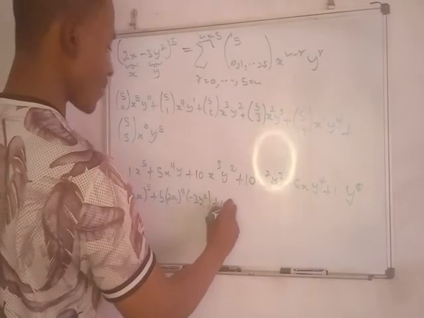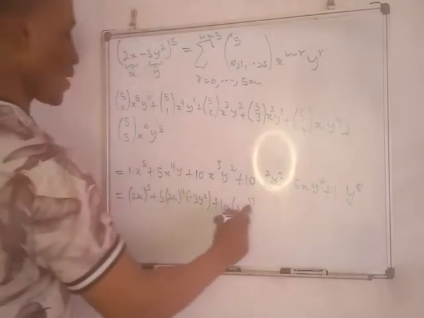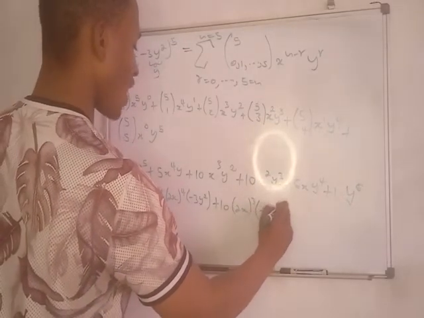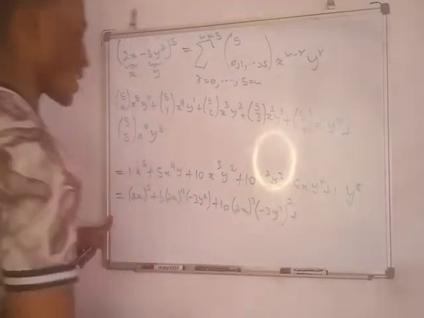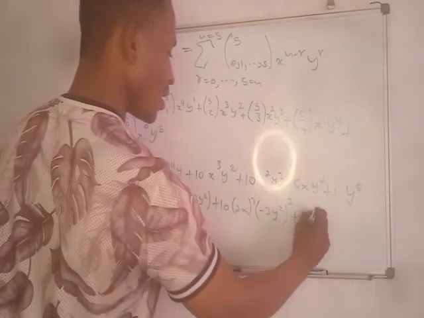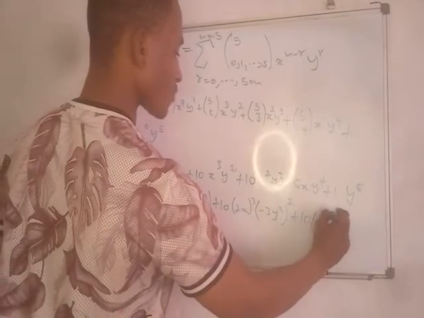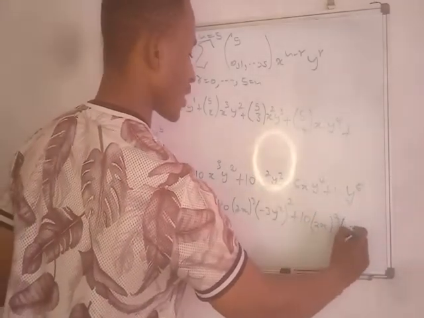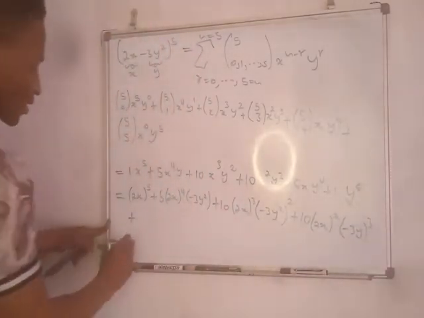Plus 10 times (2x) to the exponent 3, and my y will be minus 3y squared. Don't forget to square, guys. Plus 10, (2x) to the exponent 2, and (minus 3y squared) to the exponent 3.